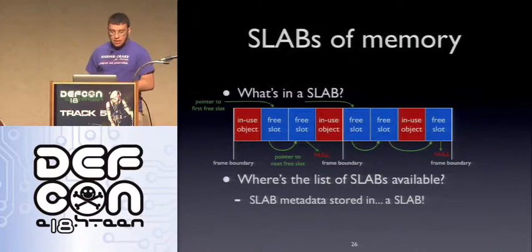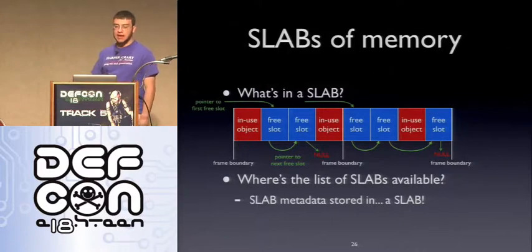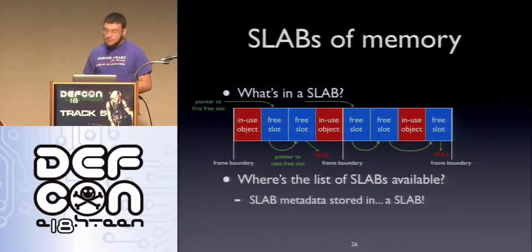And from somewhere outside in the world, there's a pointer to the first free slot in each slab that has free slots. So when you want to do an allocation, you follow this first free slab pointer to find a slot that you can allocate.